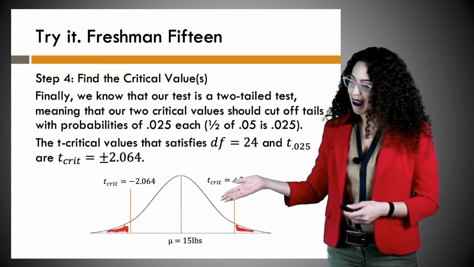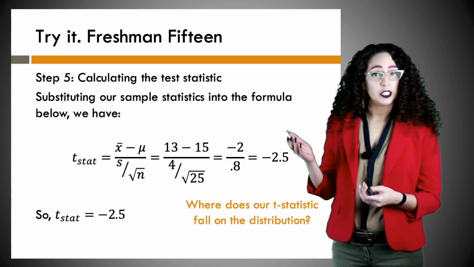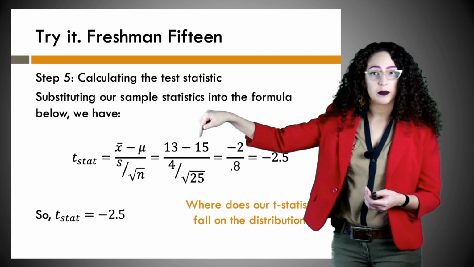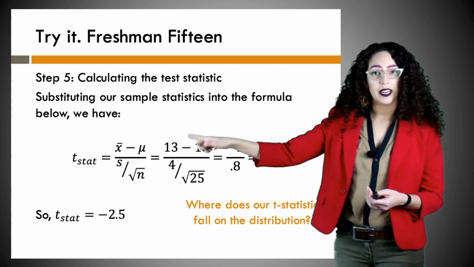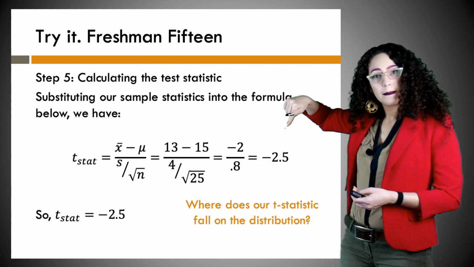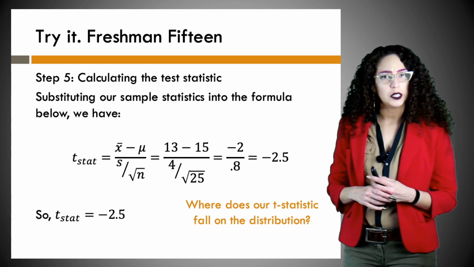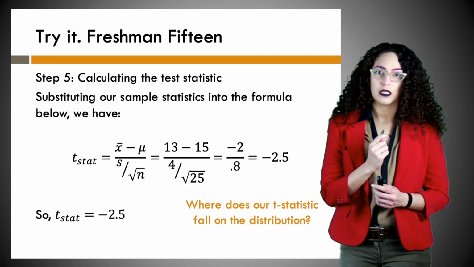Step 5, calculate the test statistic. Here, just substitute the numbers into the formula. This was your sample mean, 13. We subtract the population mean that we're testing against, divided by the standard error, and we get negative 2.5. So where does this fall on our distribution? Will it be significant? The anticipation.